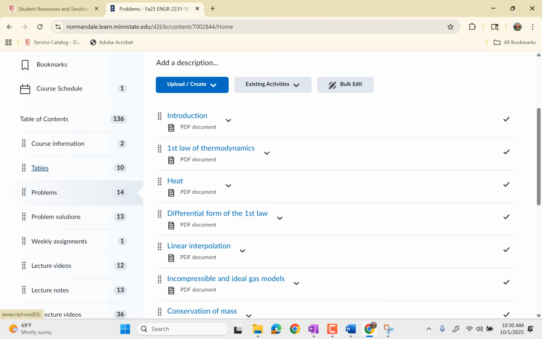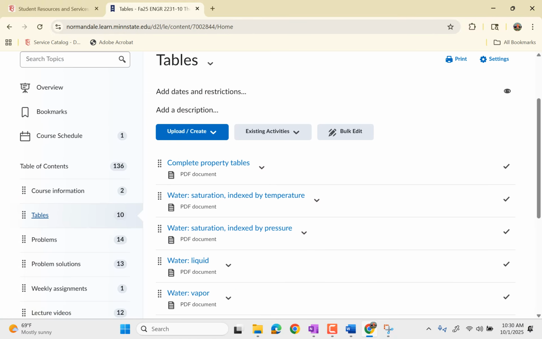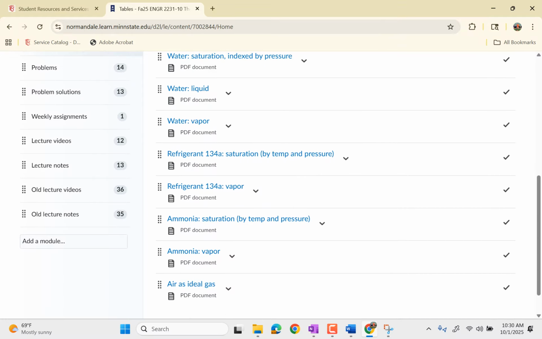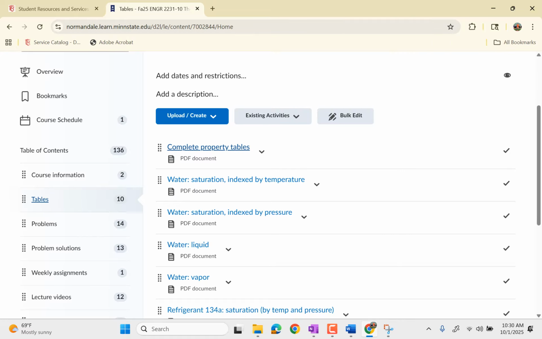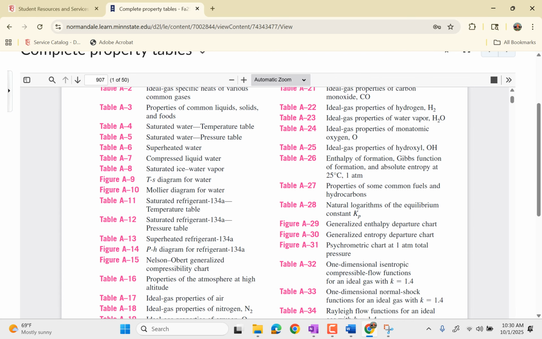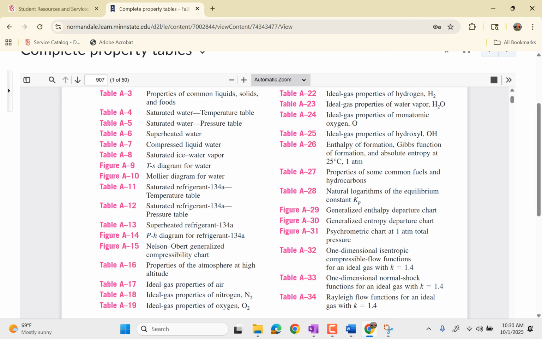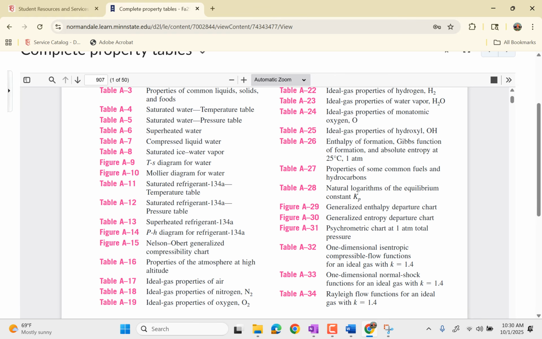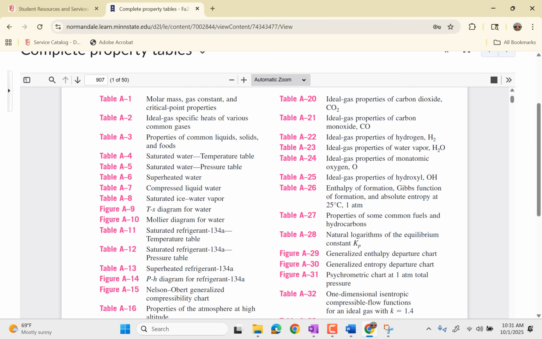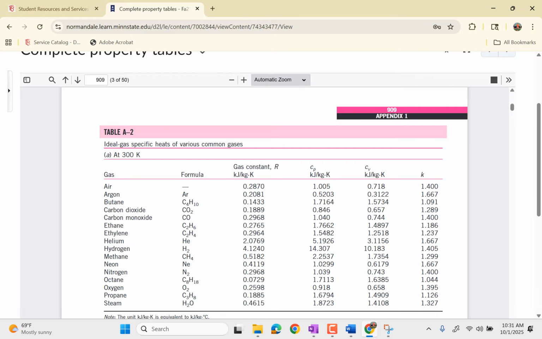We can go to complete property tables, and we want to look for the specific heat of water. Okay, gases, properties of common liquid. So I think we want table A3.